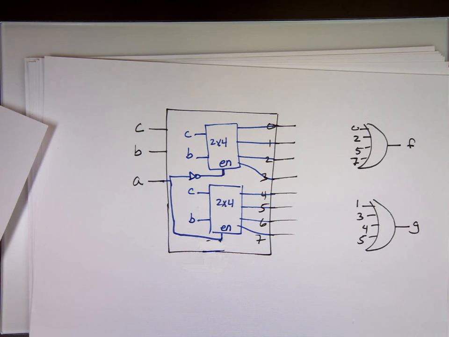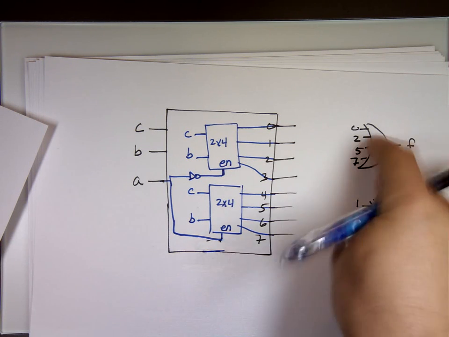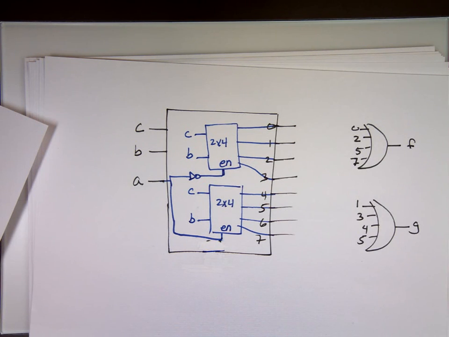All I got, I brought with me one sleeve of 2x4 decoders. That's all I have. So I got a stack of 2x4, 2 sleeves with me full of 2x4. That's all I brought with me. And 2 OR gates. So I can attach F and G to them. I forgot about the NOT gate.